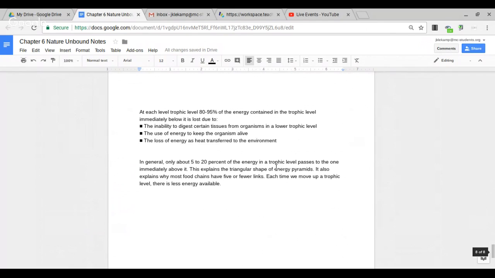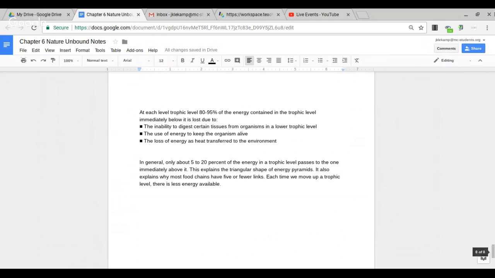It's a very vicious cycle, and that's why you see that natural pyramid shape. It explains why food chains have 5 or fewer links, because as time goes on, there's just less energy available.